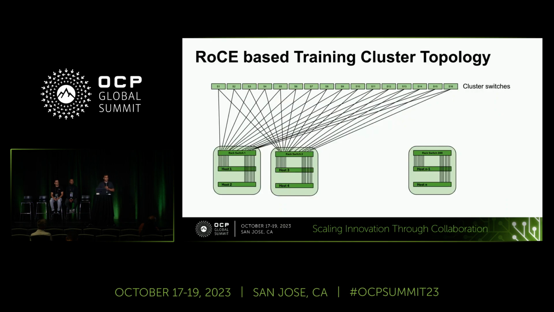So here is a look at the backend network topology that we use for running these kinds of jobs at Meta. Each rack has 2 hosts. Each host has 8 GPUs. The GPUs are connected to the rack switch using 400G links. There are 288 such racks, and these racks are connected to each other through cluster switches.